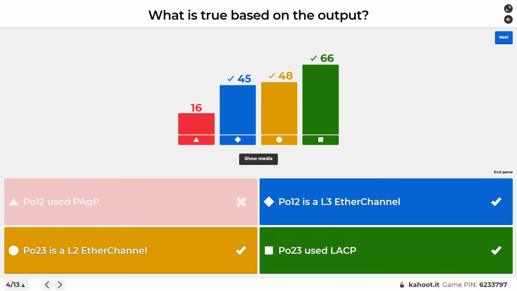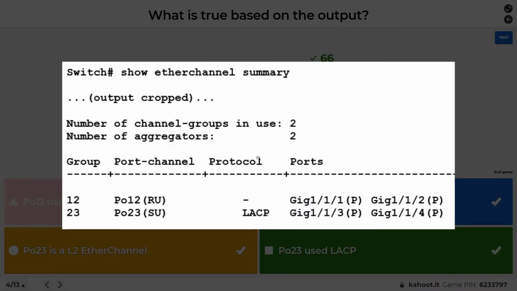All right. Based on the output, what is true? 23 was the layer 2 EtherChannel, 12 was the layer 3 EtherChannel, and 23 was using Link Aggregation Control Protocol. And the best way to actually determine that is to lab it up. If you practice with this and lab it up and do the show commands, that's the best way to start really appreciating what those show commands are telling us.